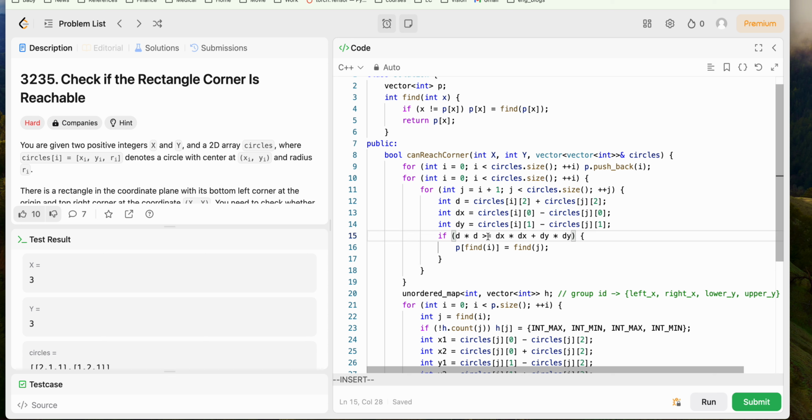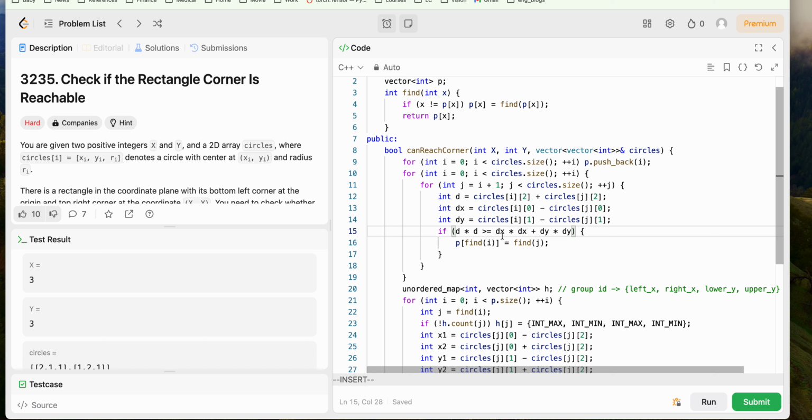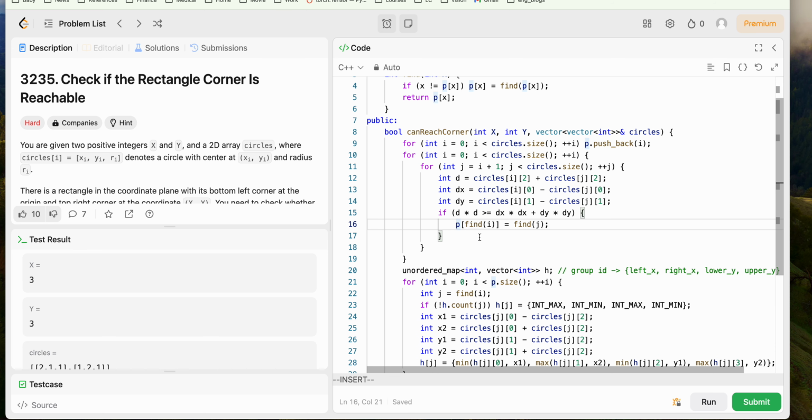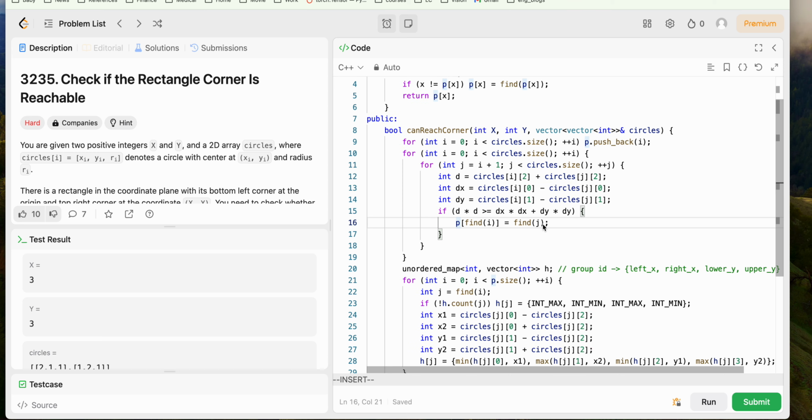Oh, this should be less than, right? This is smaller, means they are very close. So we need to merge them. And p find i will be equal to find j.